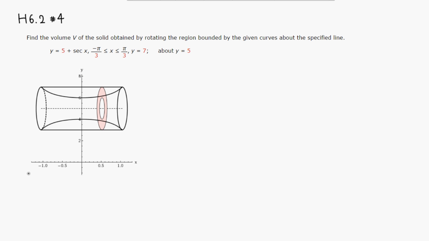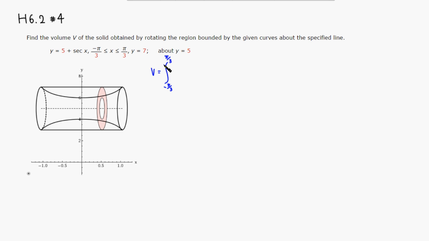So let's set up the washer method here. Volume is equal to an integral from negative pi over 3 to positive pi over 3.